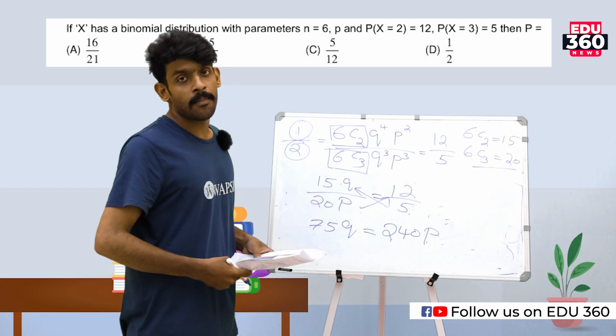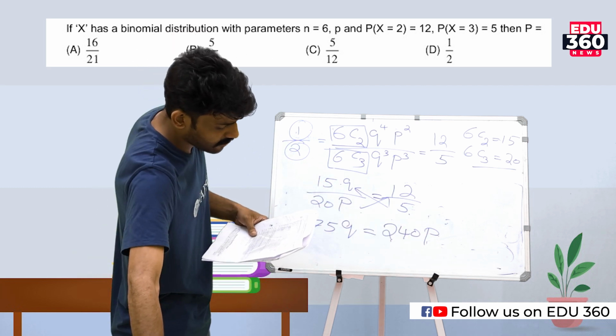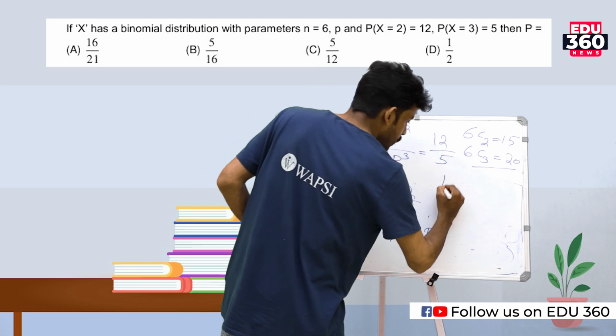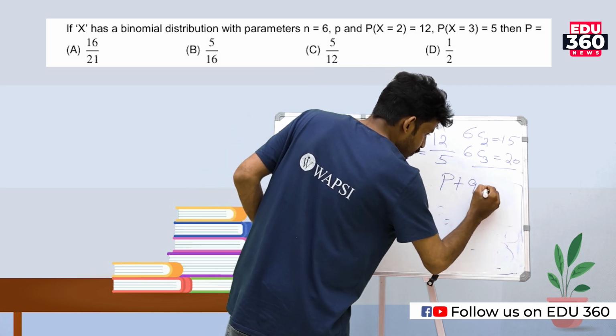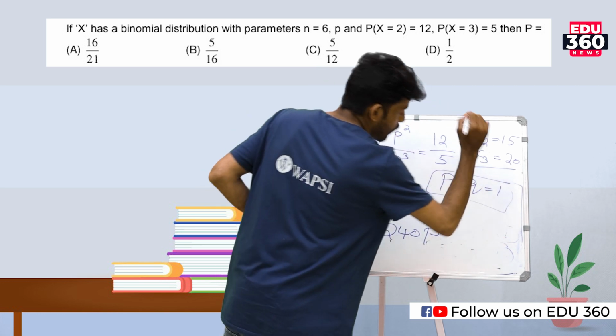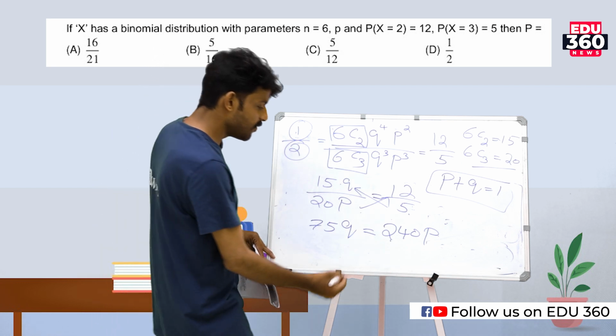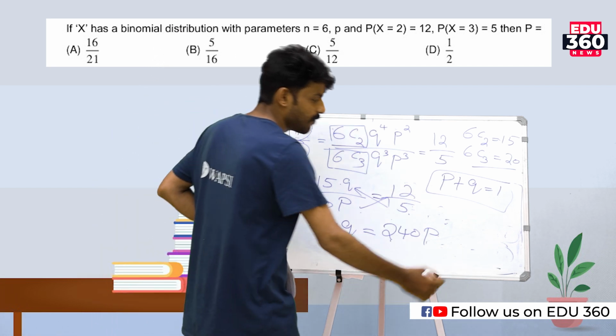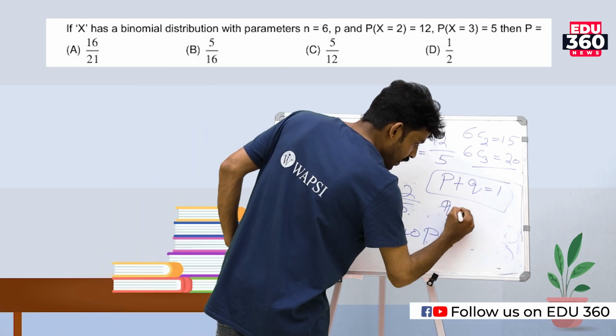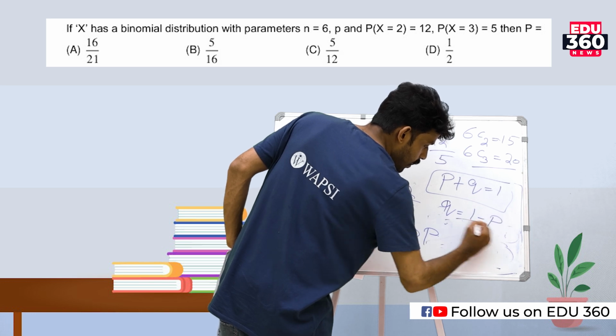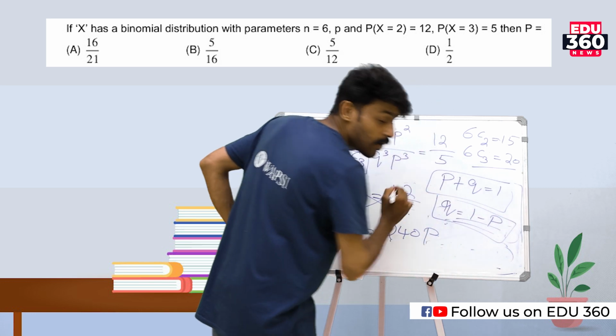And we know that the sum p plus q is equal to 1. So hereafter instead of q we can substitute p. q will be equal to 1 minus p, because in the question they are asking us to find the value of p.